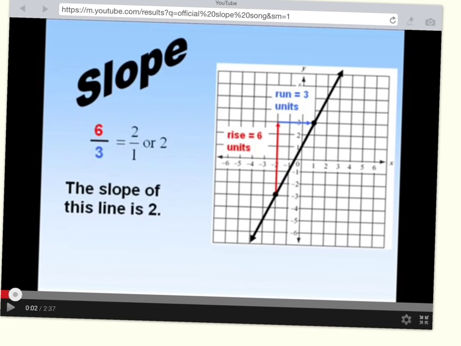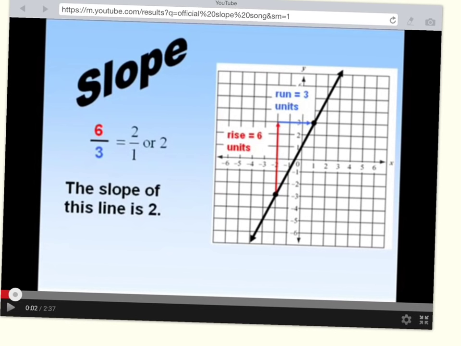Slope, it's the rise over the run. The distance up or down, divided by the distance side to side.